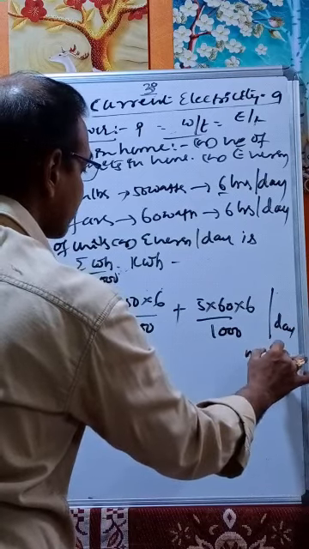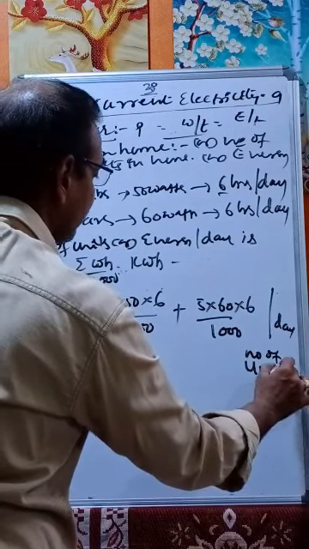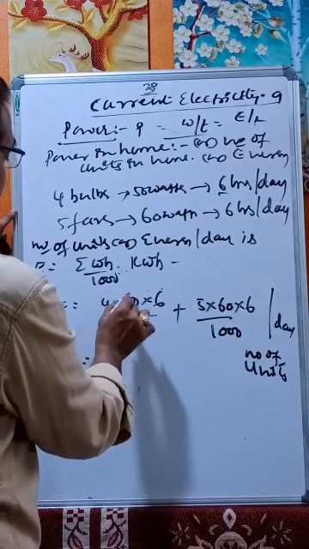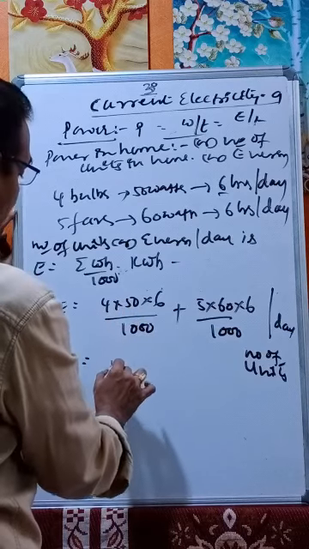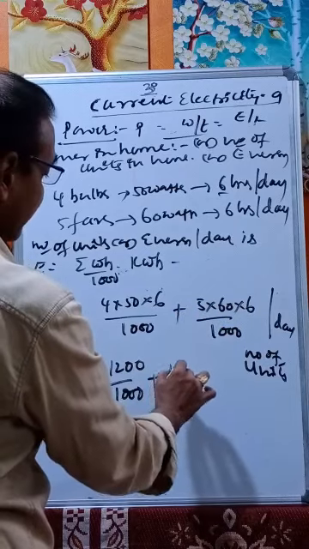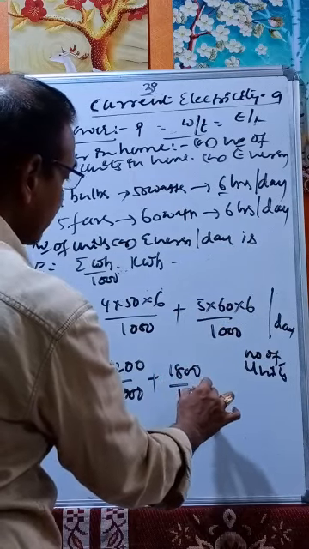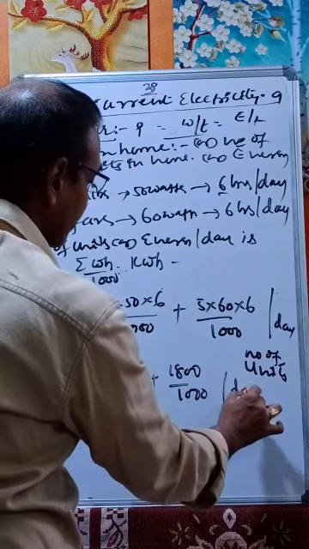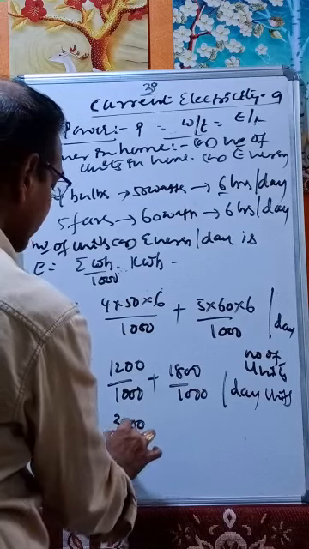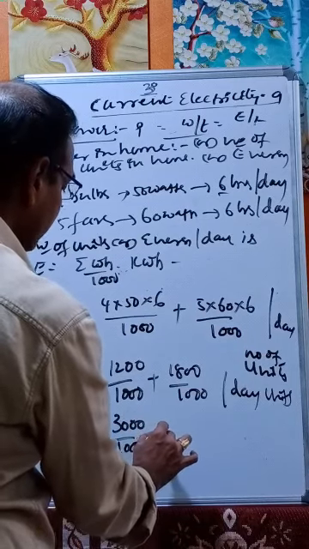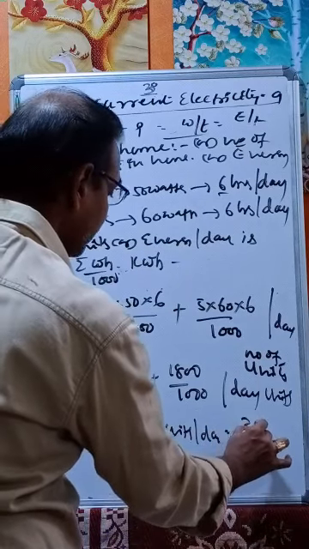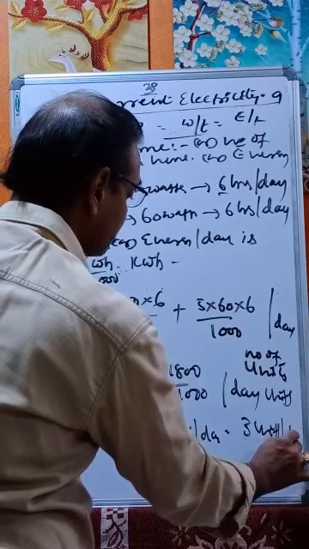E is equal to 1200 by 1000 plus 1800 by 1000, which is 3000 by 1000, that is equal to 3 units per day.